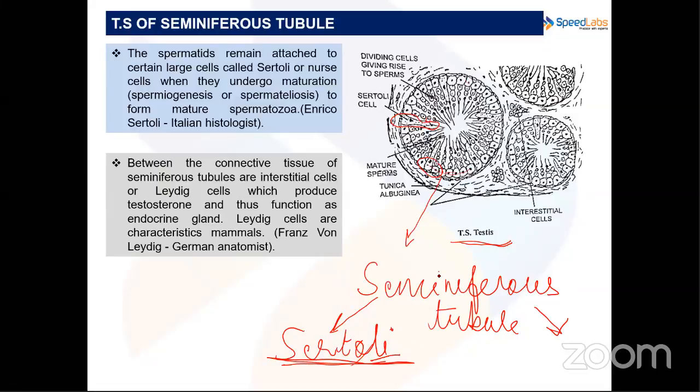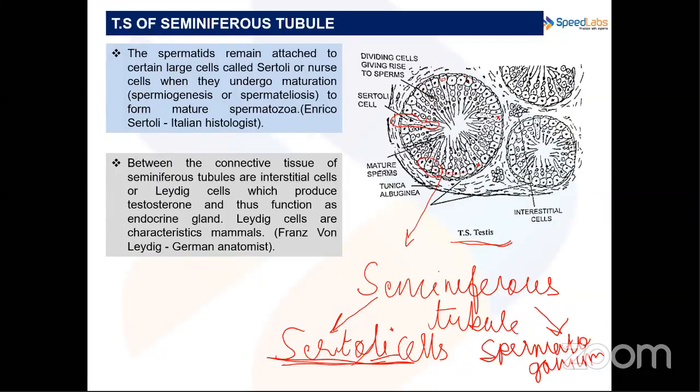So you have the Sertoli cells, and you have the spermatogonium. So these two cells are clear to you. Here in between, this is the Sertoli cell, this is the Sertoli cell, right? And then you have, what do you have?